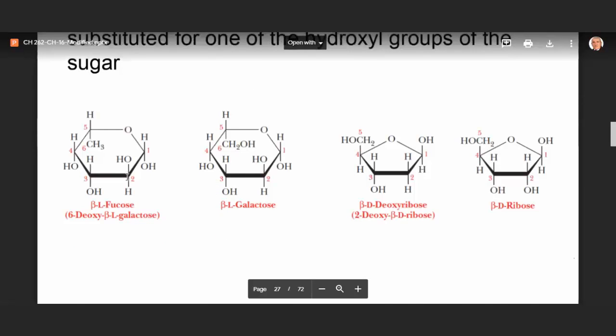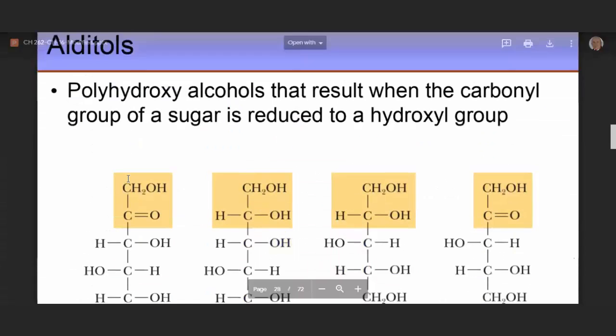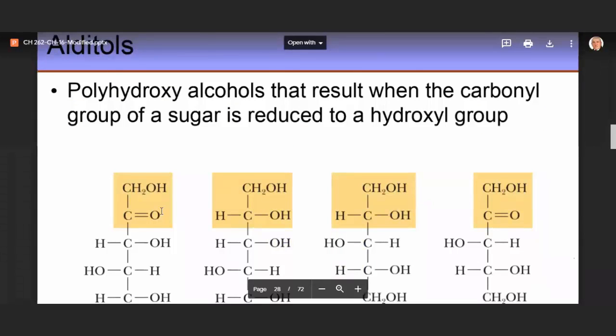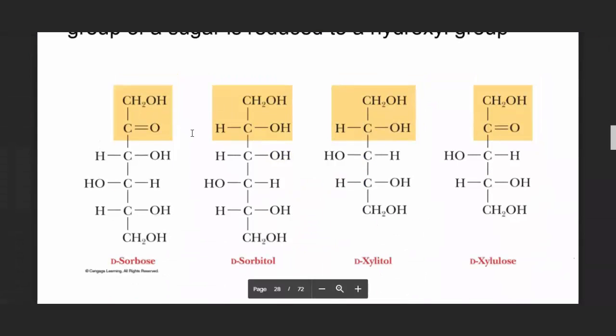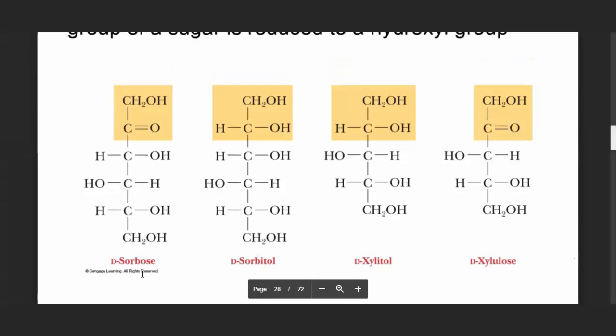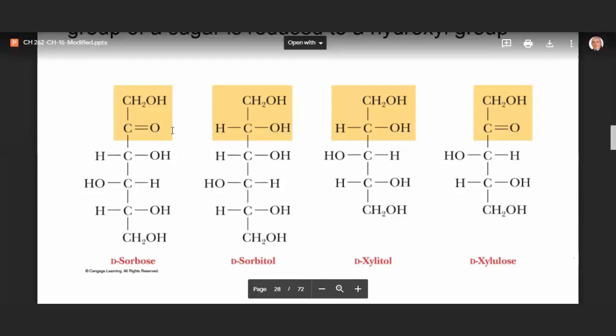In addition, when the carbonyl group of a sugar like D-sorbose is reduced to a hydroxyl group, the resulting compound is called an alditol. So D-sorbose becomes D-sorbitol.